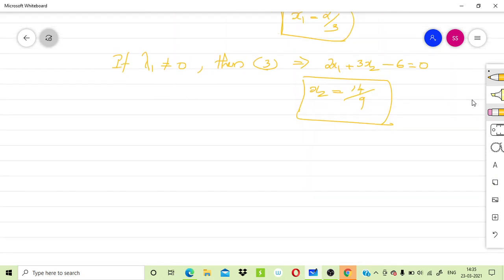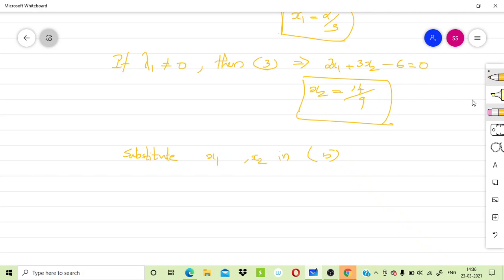Then you have to verify whether this x1, x2 solution will satisfy all the Kuhn-Tucker conditions. So substitute the x1 and x2 solution in equation number 5.